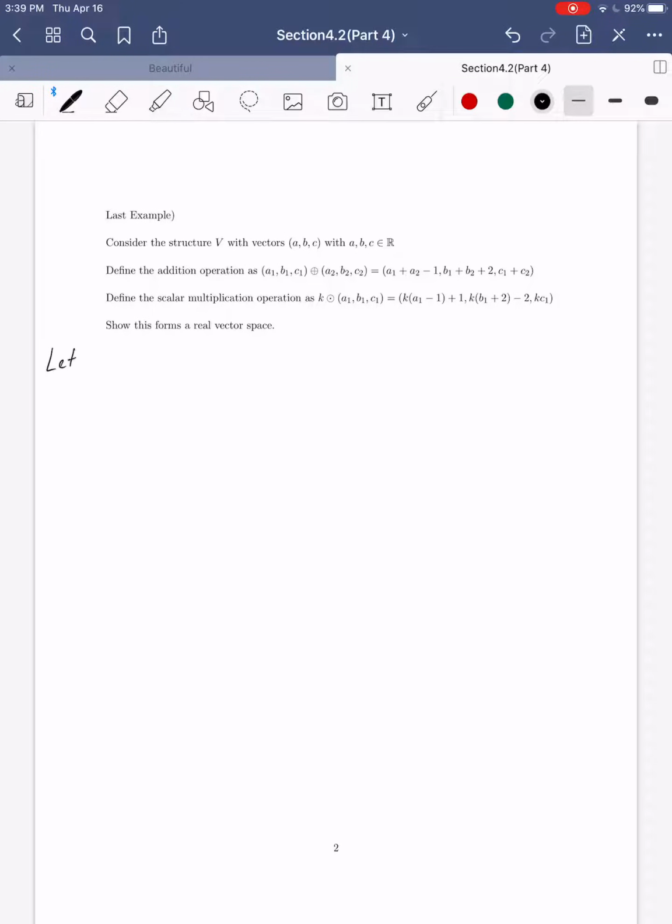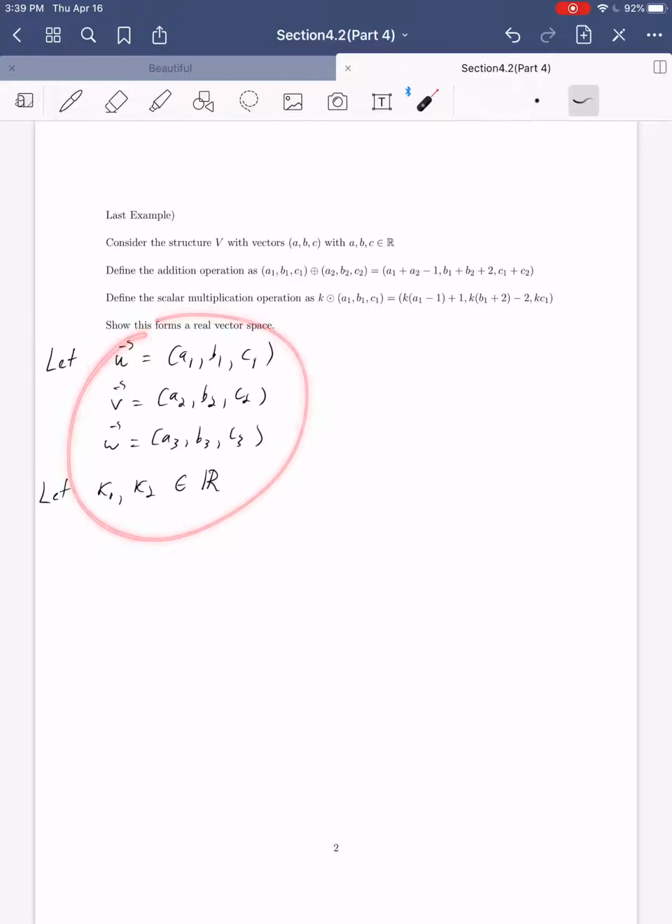So for the sake of notation, let u be (a1, b1, c1), let v be (a2, b2, c2), and let w be (a3, b3, c3). Also, let k1 and k2 both just be real numbers. And we'll use these definitions of u, v, w, k1, and k2 throughout all 10 properties as we prove those. So let's jump in starting with the closure properties.